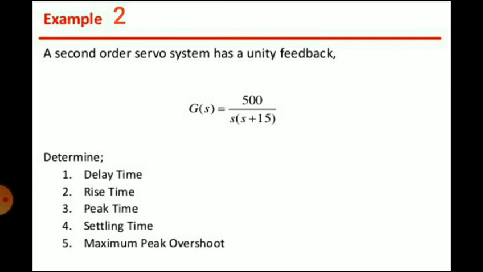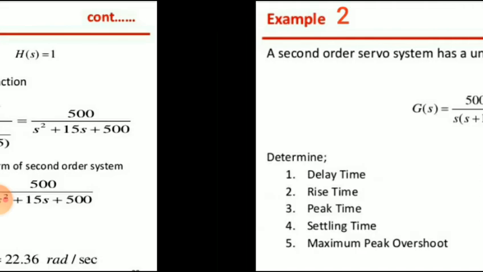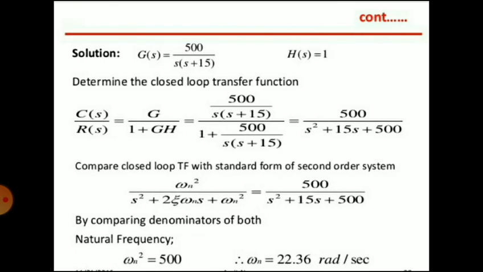Then problem number 2. The second order servo system has a unity feedback. The transfer function G(s) is given as 500 upon s into (s plus 15), and you have to find out delay time, rise time, peak time, settling time, and maximum peak overshoot. So G(s) and H(s) are given.